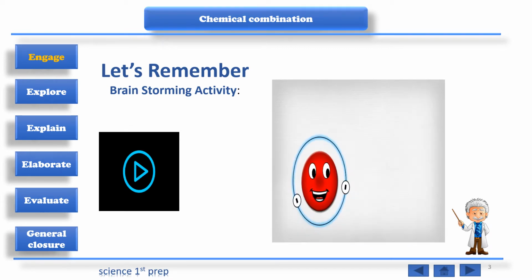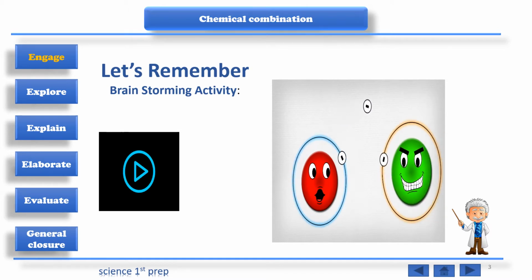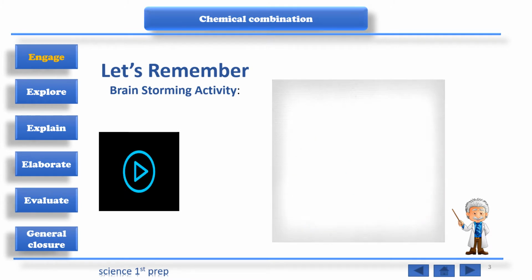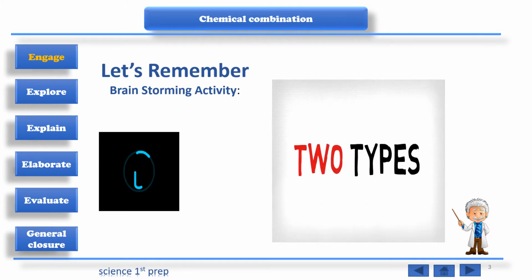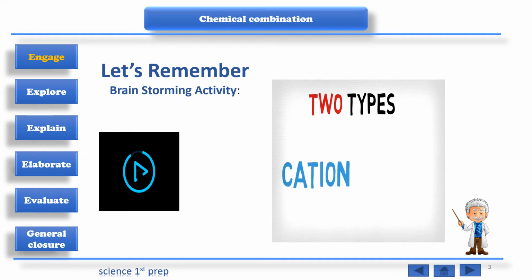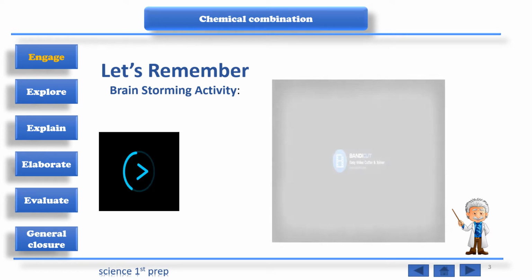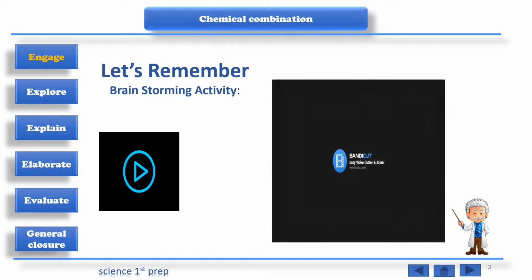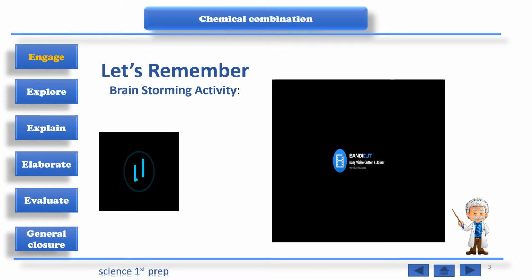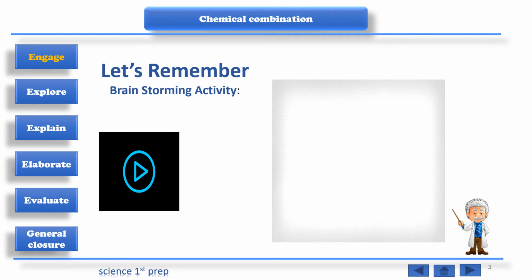So an ion is an atom that has either lost or gained electrons. There are two types of ions, cations and anions. Cations are the positive ions, and anions are the negative ions.